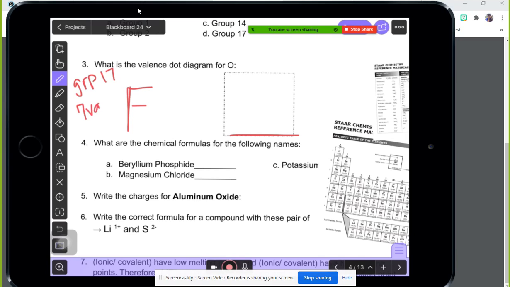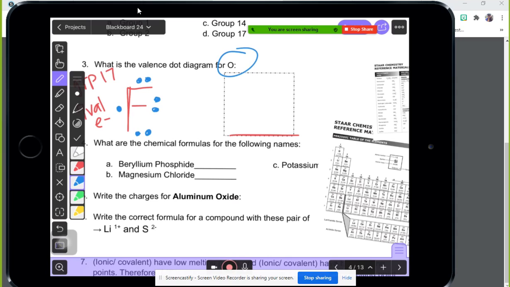So we got 7 valence electrons. So we're going to go ahead and draw that in. We got 1, 2, 3, 4. Notice I went all the way around before I start doubling up. 5, 6, and 7. That's what you're going to be doing for oxygen. Oxygen is in group 16. So he's only going to have 6 valence electrons.